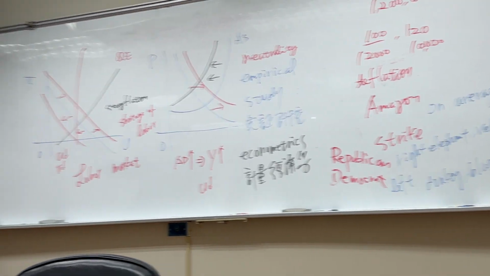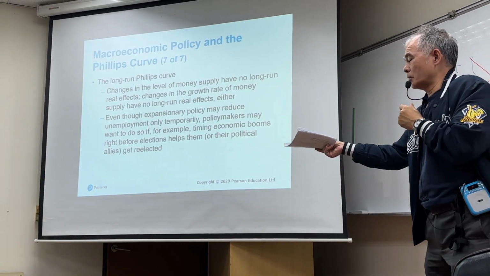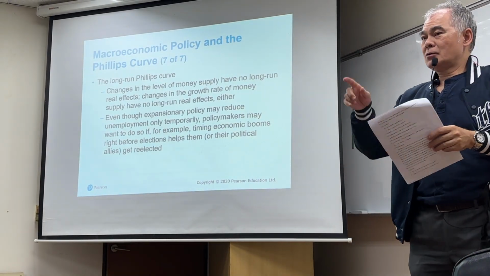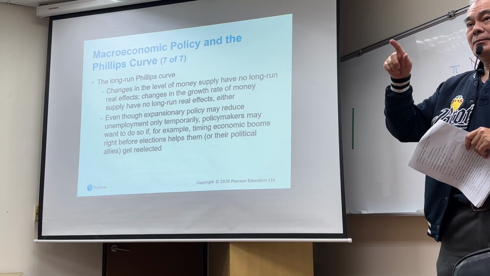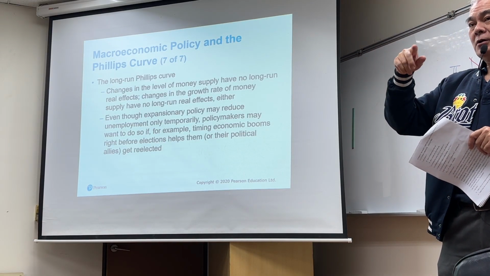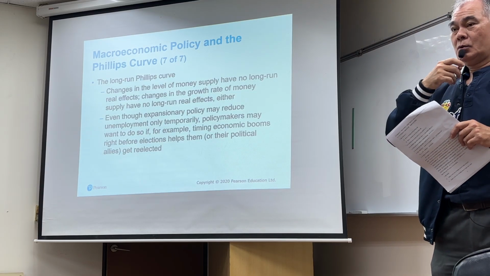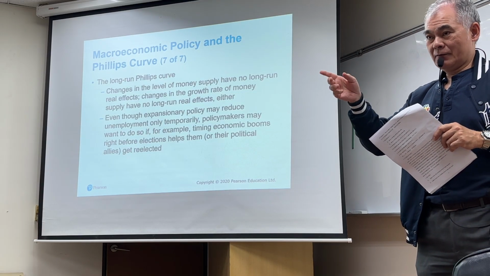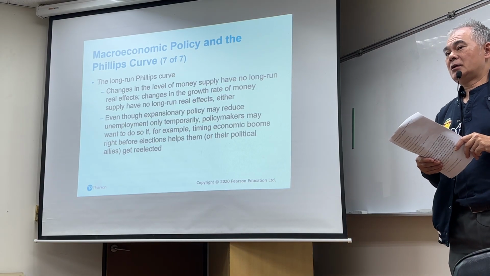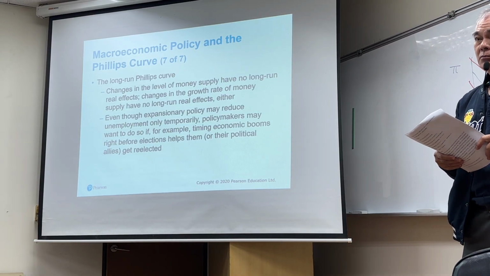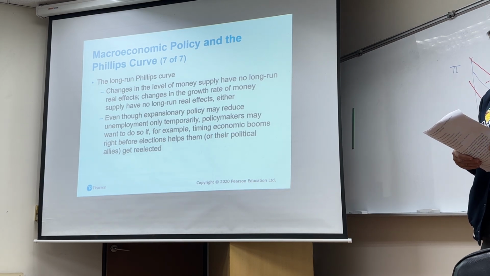Because this time we also mentioned this, we are not sure which stage the economy is in. We don't know if the economy is at a peak, recession, trough, or recovery. Because of that, it is better that we leave the market alone. Okay, don't use any policy to interfere with it.